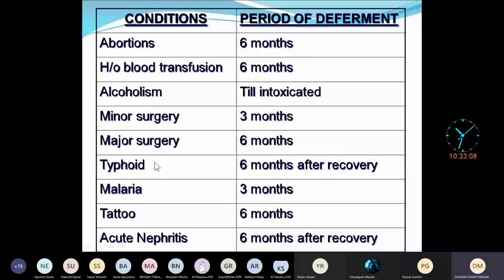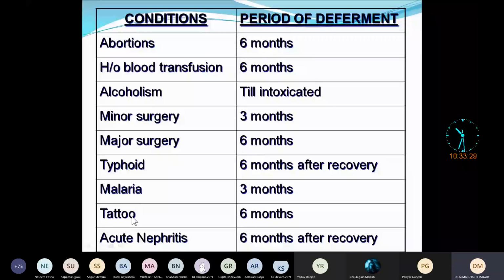Now, in case of typhoid, anybody can have this typhoid, isn't it? So in case of typhoid, 6 months after recovery, means after recovery also it will take 6 months to take the blood. Malaria, if a person is suffering from malaria, we will not take the blood for 3 months. If somebody is having a tattoo, nowadays tattoo has become a fashion, isn't it?